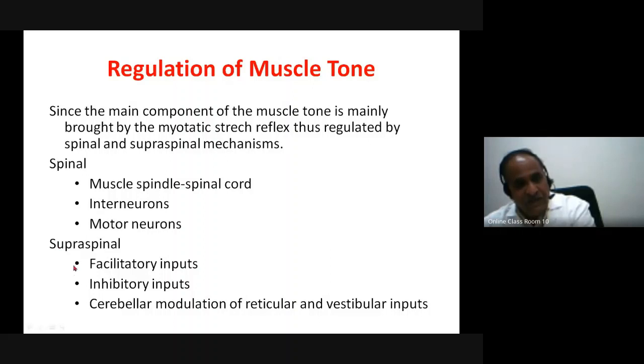The supraspinal mechanisms are the descending facilitatory inputs, descending inhibitory inputs, and the cerebellar modulation of these two inputs in the reticular system and in the vestibular system. These are the supraspinal controls.